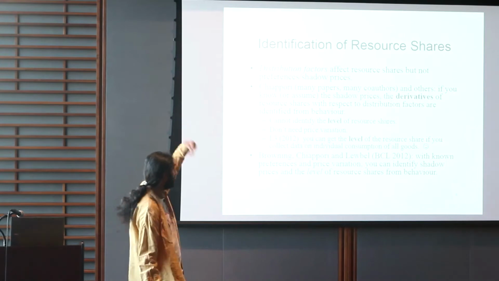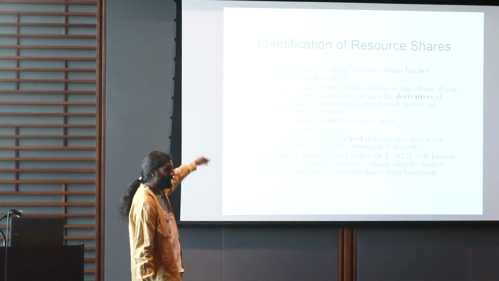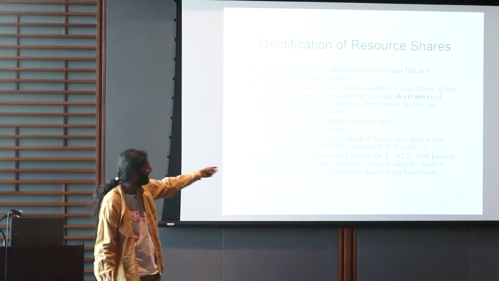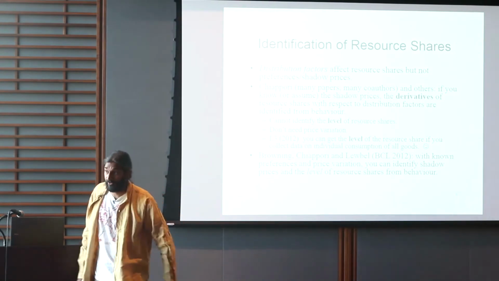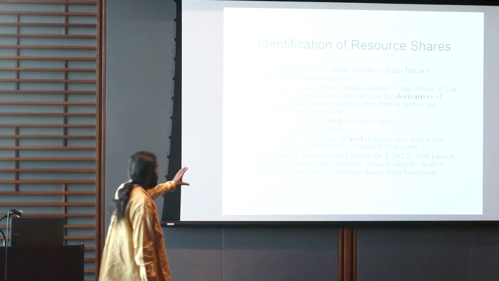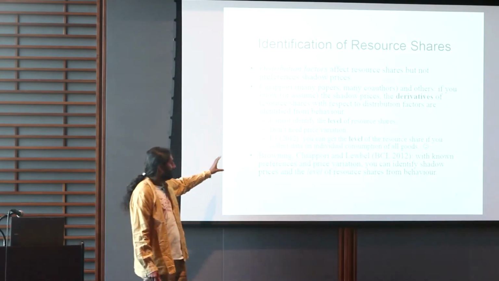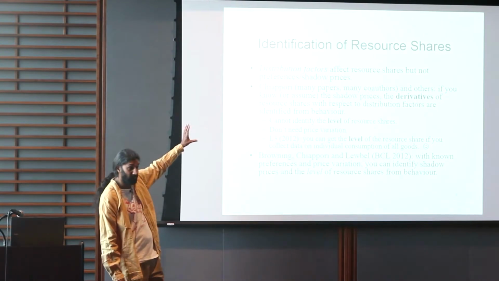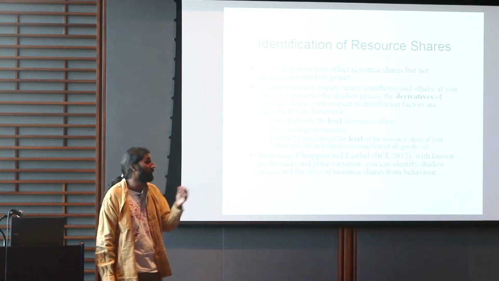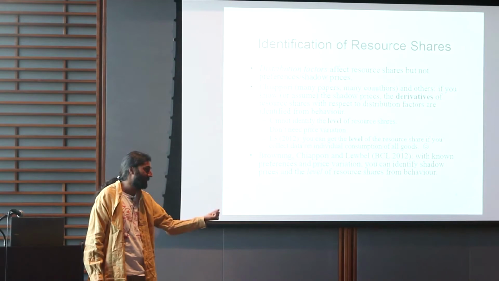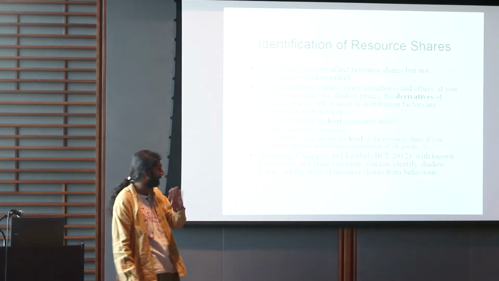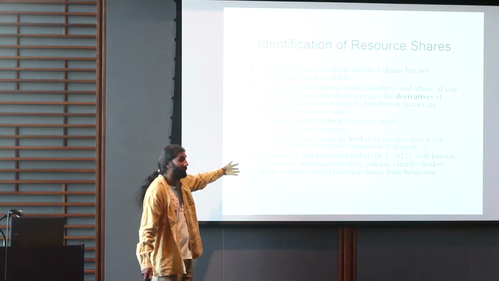So the model that I'm going to work with today is the BCL model, which is the second class of models that Arthur talked about. There, instead of assuming that all goods are purely public or purely private, so that you know either the consumption level or the price of the good, in this model you do not know the shadow prices.